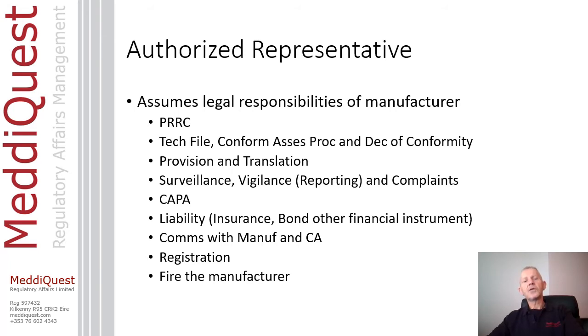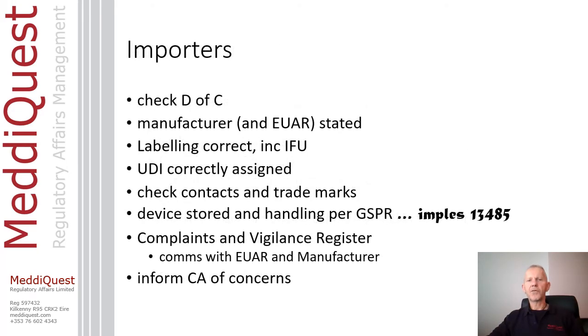They need to deal with local registrations within the EU, and they now have a very clear and explicit duty to fire the manufacturer, to decide that they're no longer going to go on in this role, to get rid of the manufacturer if they are concerned about the compliance of the device. So, a bigger role for authorised representatives.